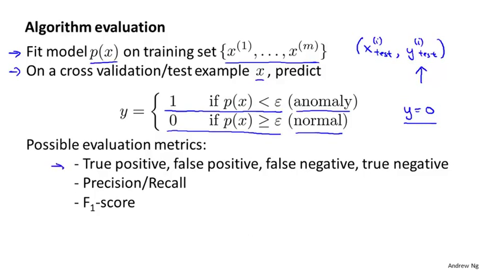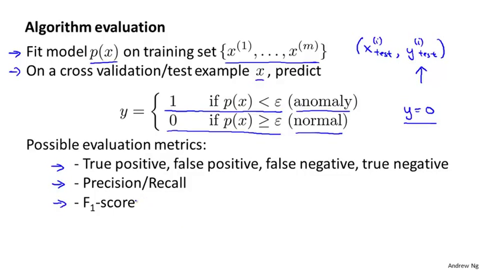Instead, we should use evaluation metrics like computing the fraction of true positives, false positives, false negatives, true negatives, or compute the precision and recall of this algorithm, or compute the F1 score, which is a single real number way of summarizing the precision and the recall numbers. And so these would be ways to evaluate an anomaly detection algorithm on your cross-validation set or on your test set.